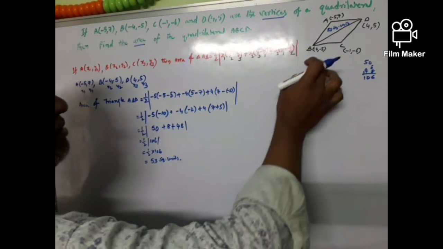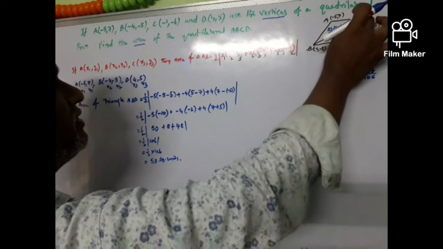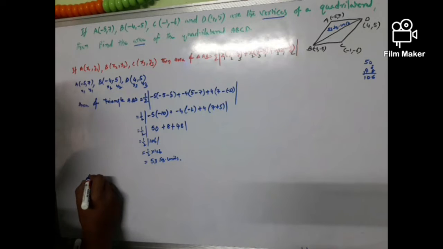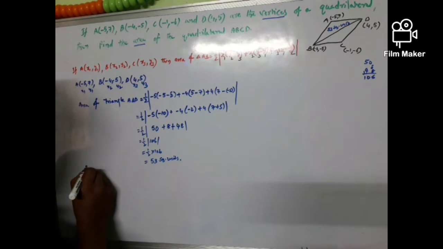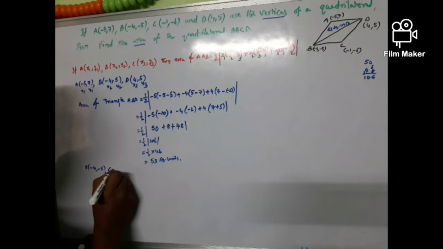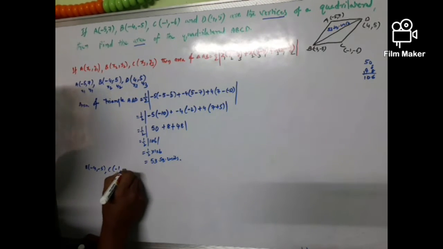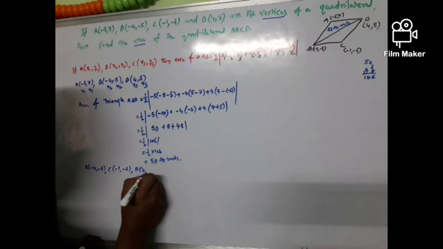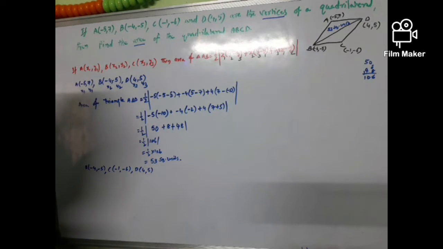Next, we find the area of this portion. B is (-4, -5), C is (-1, -6), D is (4, 5).